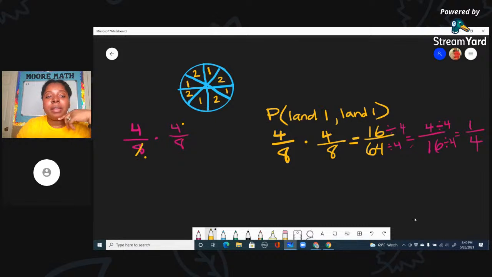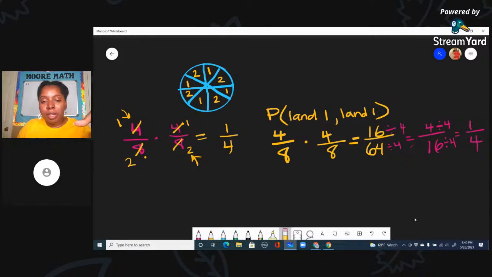So 8 divided by 4 is? 2. And 4 divided by 4 is? 1. Okay, and then we can do the same thing with these two, right? 8 divided by 4 is 2. And then multiply straight across. Does this look similar to what your teacher might have done? Yeah. Okay, so this is called cross-canceling.